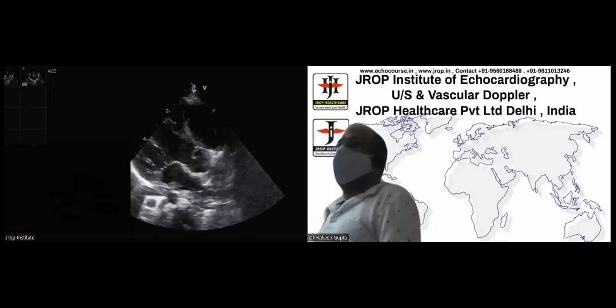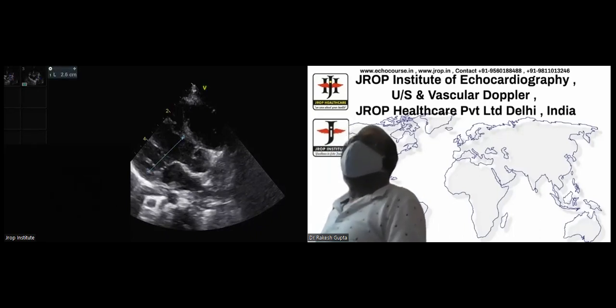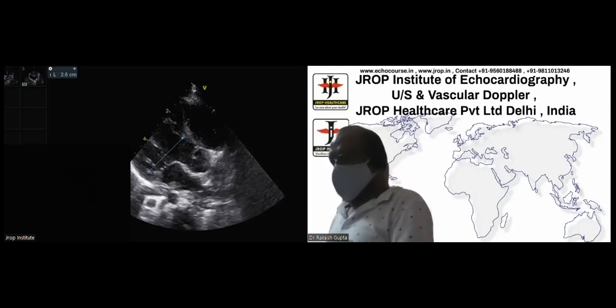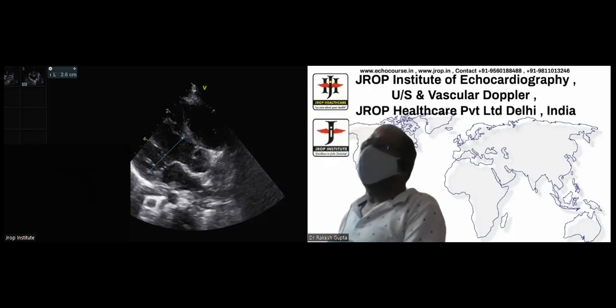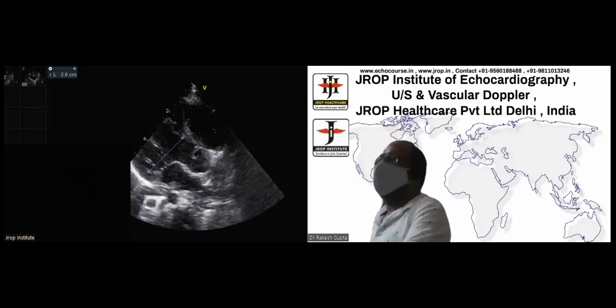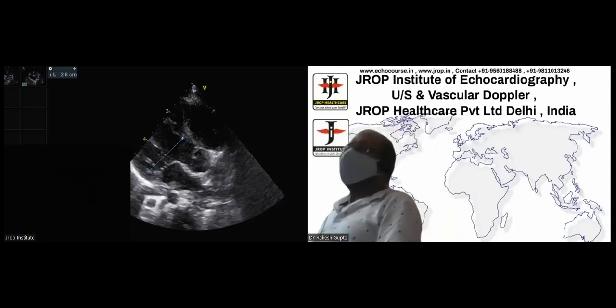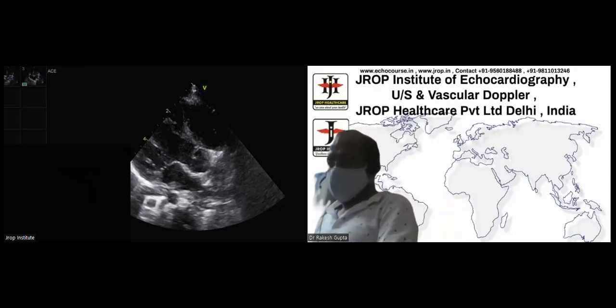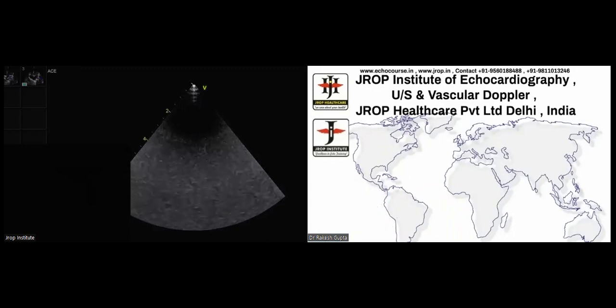This is from this point to this point, 26 millimeter, and based on Z value, anything less than minus 2 or more than 2, we decide whether this is hypoplastic, normoplastic, or dilated. So I'm going to go to the parasternal window again.